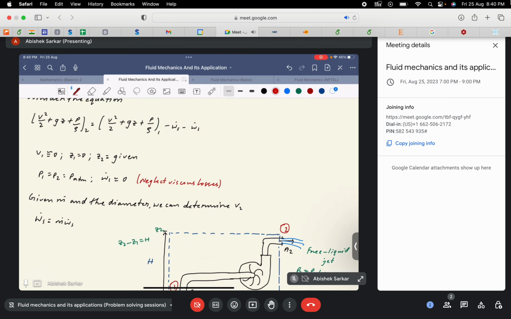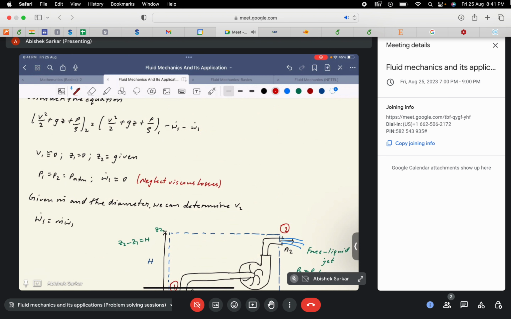We are not explicitly stating that. Since most of the time it is water that we pump out, and water is a viscous fluid, we cannot consider the flow to be inviscid.